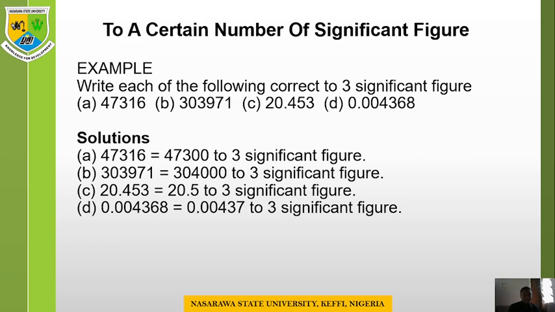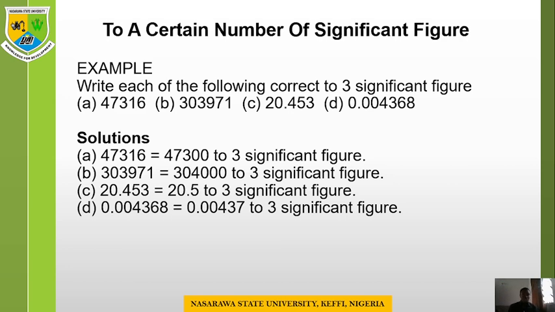The numbers we are leaving are 4, 7, and 3. Now, observe, the first number to become 0 is 1. 1 is not above 5, so it will round down to become 0, and we have 0, 0. And our answer is 47300. This is to 3 significant figures.